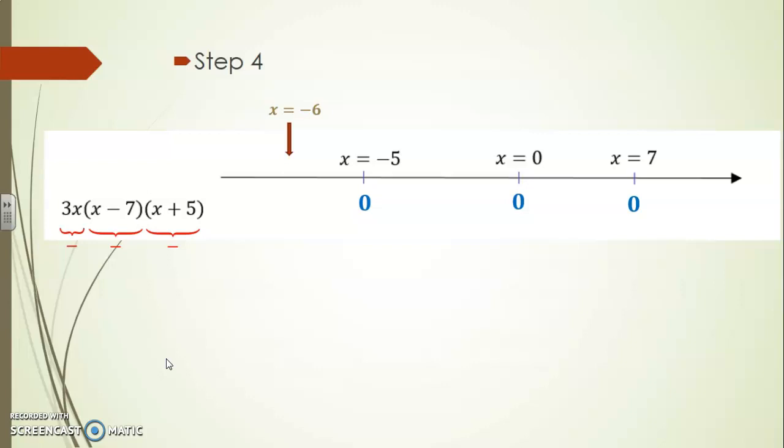Therefore, the product of these three terms, all three being negative, will create a negative outcome. Now we could repeat tests such as this one for the other intervals to find the signs that 3x times x minus 7 times x plus 5 produces.